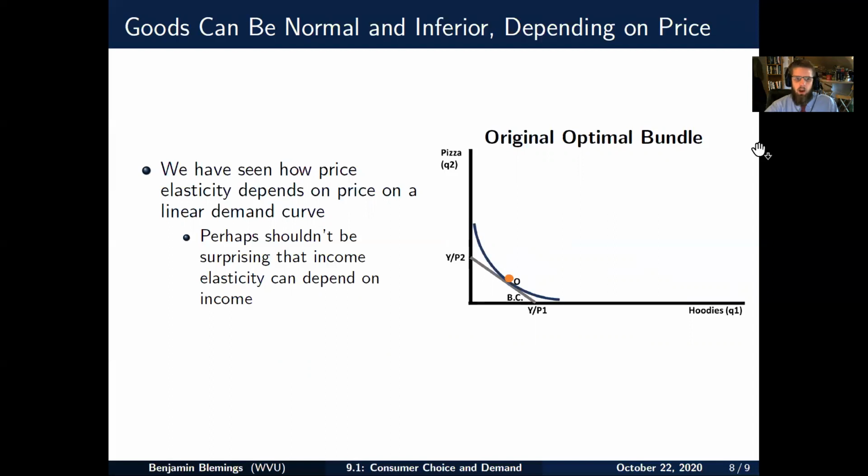I have to check myself on that one. But anyway, the point is that the elasticity changes along a linear demand curve. And so it can matter what your initial level of income is for whether or not goods are inferior or normal as your income increases.